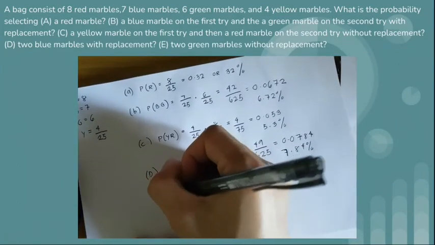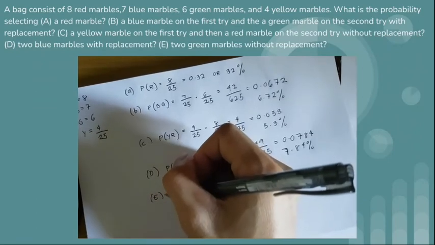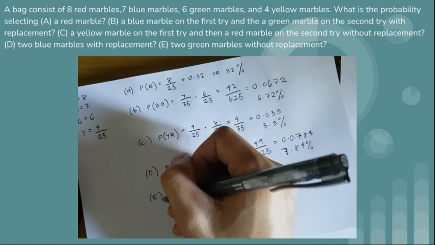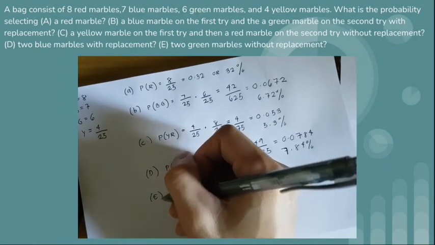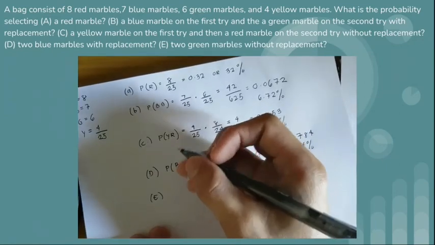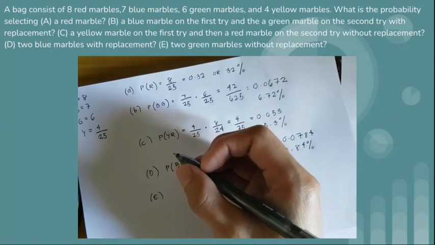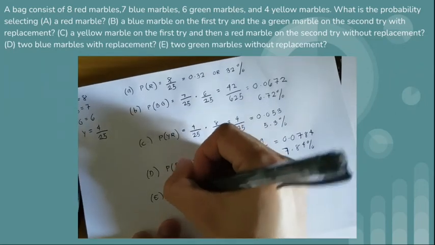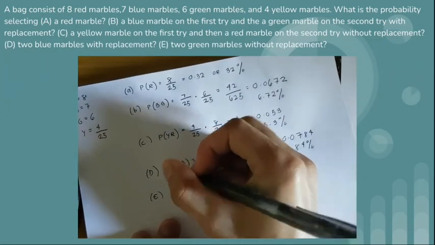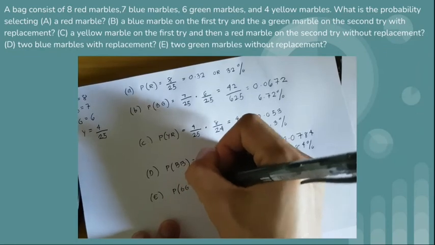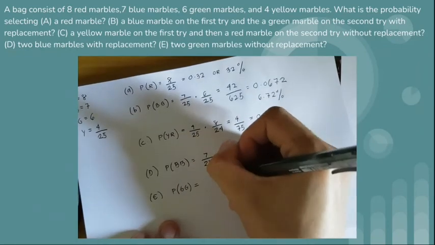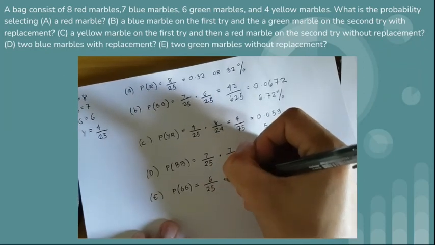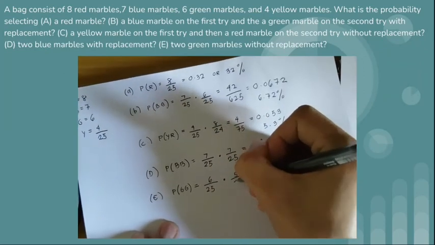So, next problem. What is the probability of selecting 2 green marbles without replacement? So, dependent siya. Kasi hindi mo ibabalik yung mabubunot mo. So, probability of 2 green. So, it is equal to 6 over 25 times 5 over 24.